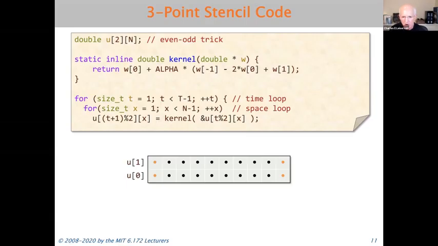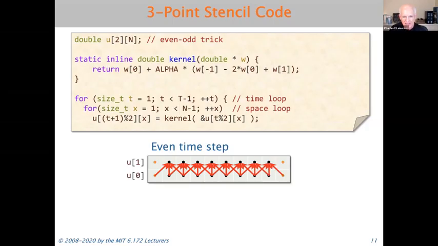So rather than using the whole iteration space, we're using two arrays, U of 0 and U of 1, and it switches between them. And it does that by doing mod. So on even time steps, we update U1 based on values from U0. So it does this.